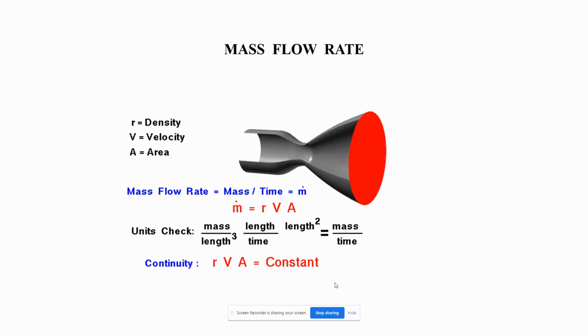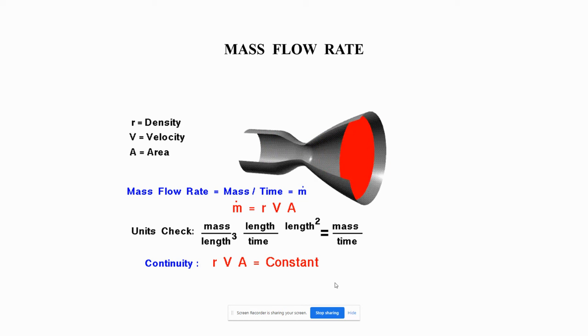So this is just to explain with the mass flow rate. Mass flow rate is the mass of fluid flowing per unit time. Generally, we refer to density with rho.